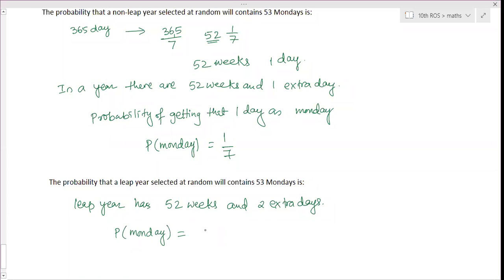Either of them is Monday. So maybe it is Monday, Tuesday, or maybe it is Saturday, Sunday. So how many possibilities are there? 2 possibilities out of 7 possibilities.